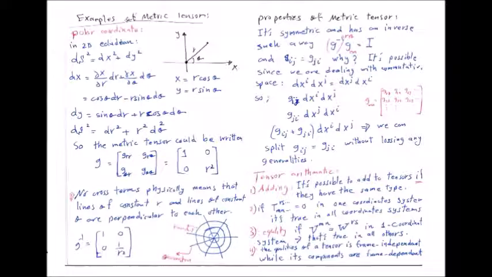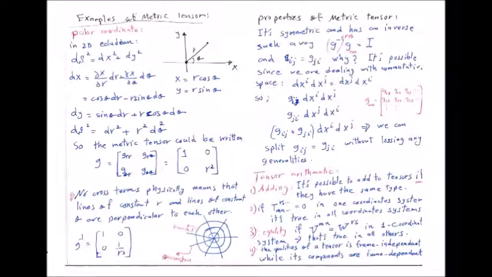Now we will discuss some arithmetic operations on tensors. In general, it's not possible to add two tensors unless they are of the same type, because every tensor has its specific rule of transformation from one coordinate system to another.